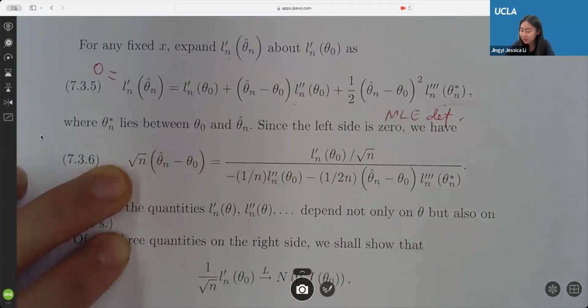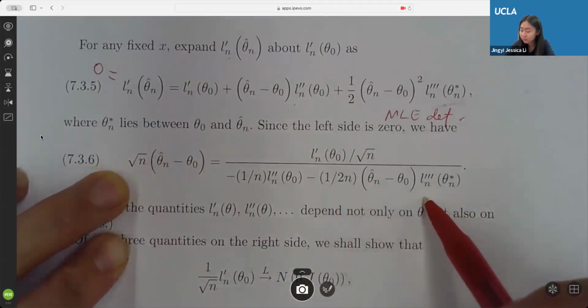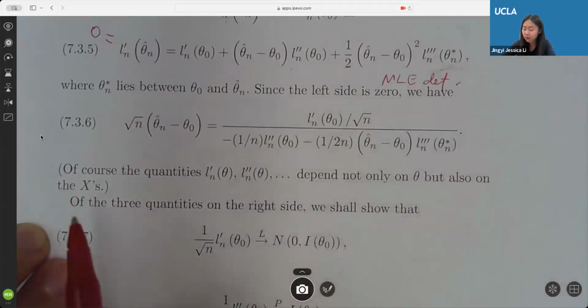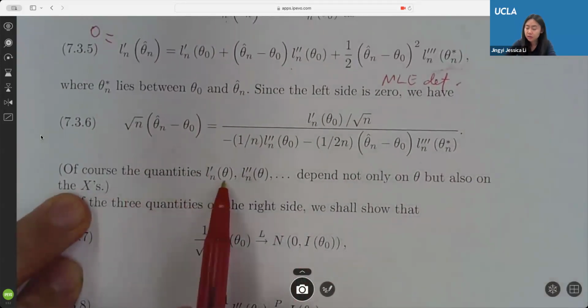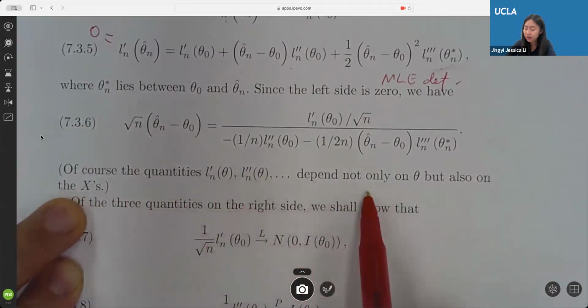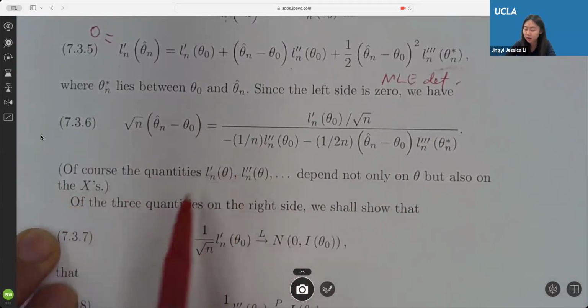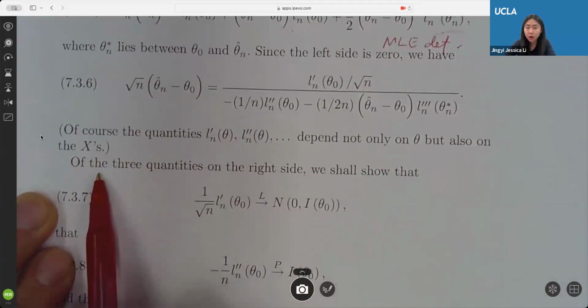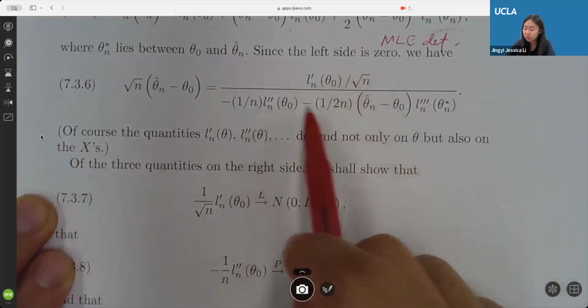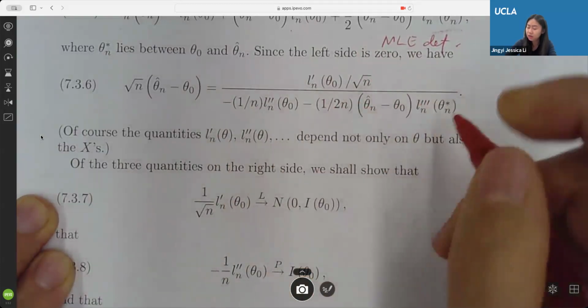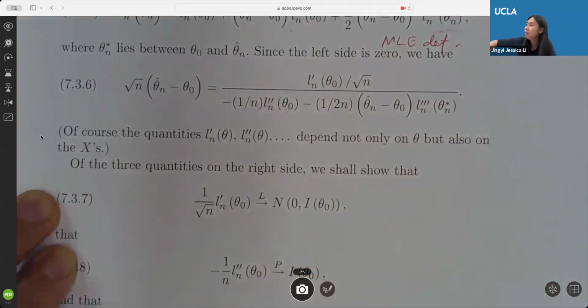And you get this equation. And of course, the quantities first and second derivative depend not only on theta, but also on your sample, right? Sample determines the log likelihood. Of the three quantities on the right-hand side, so this one quantity, this one quantity, this one quantity, let's look at their asymptotic behaviors.